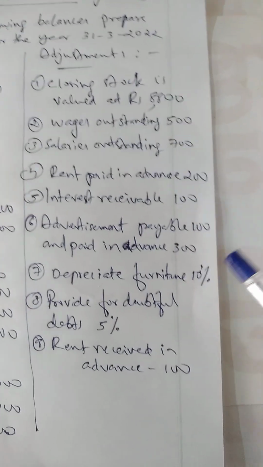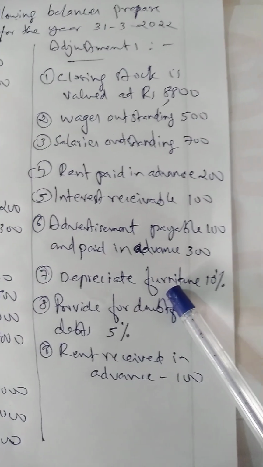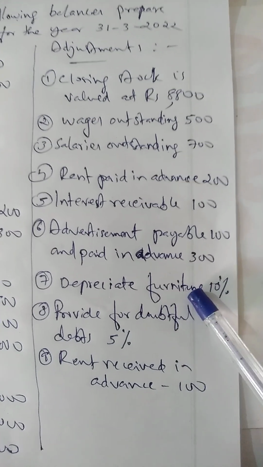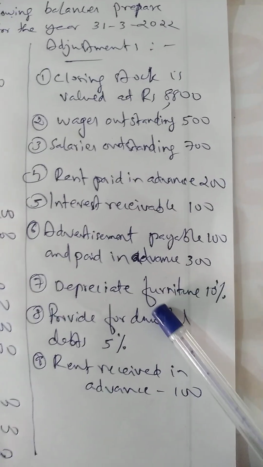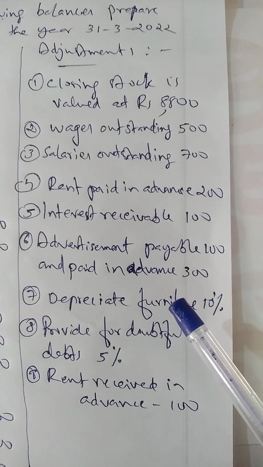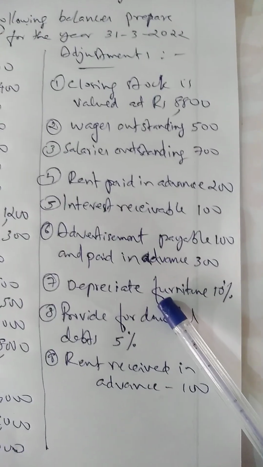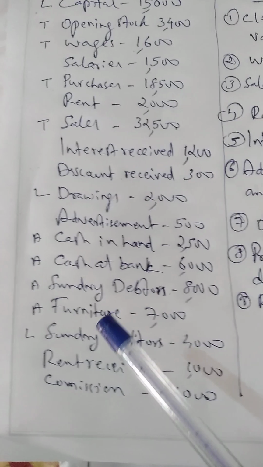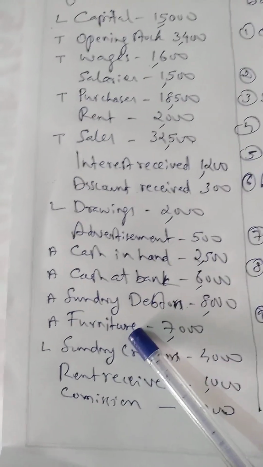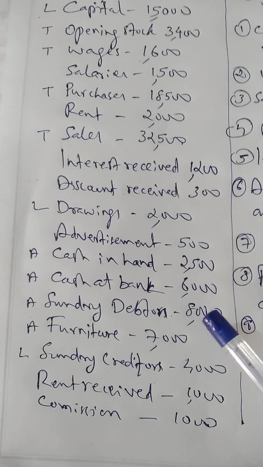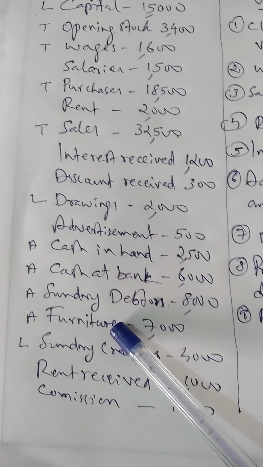Depreciation of any asset in adjustment, I am generally telling about that. Depreciation of any asset provided in adjustment must be shown on the debit side of the profit and loss account first. And while writing the concerned asset on the asset side, you have to deduct that depreciation from that asset.